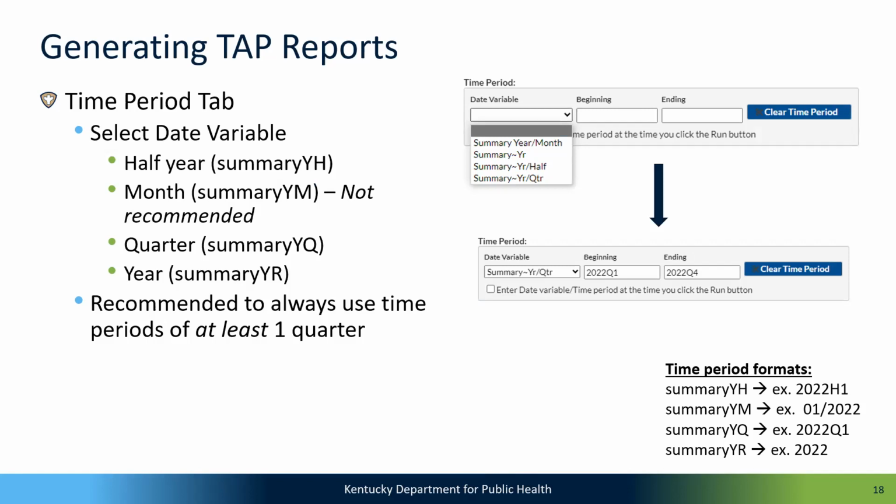So we have quarter and year. And in the section below, I have some examples of time period formats, as it is not always very clear how to input the dates that we would like within NHSN. So those time period formats are just there for your reference.